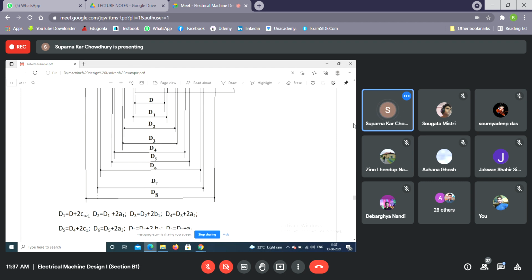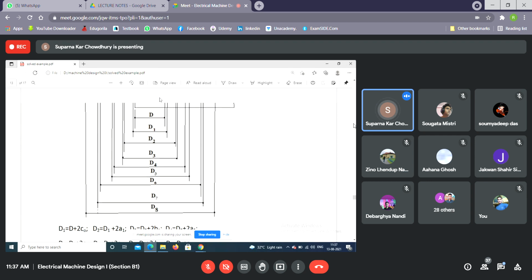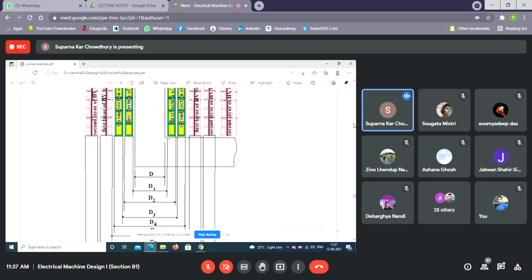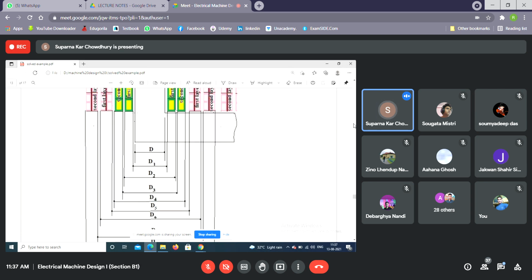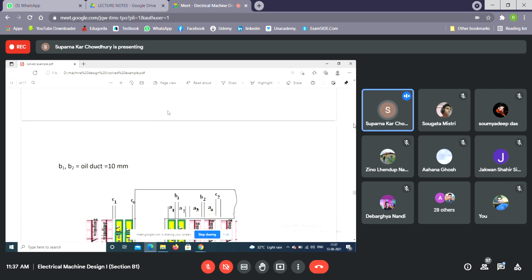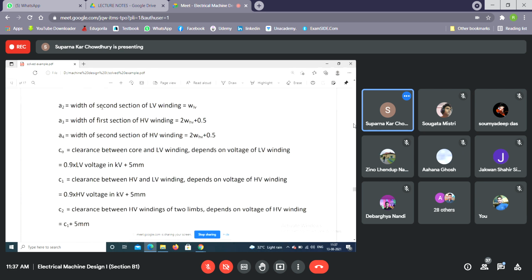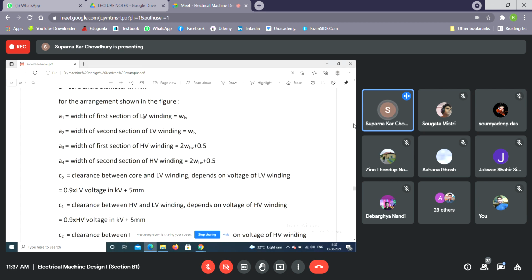Into 2C0, the clearance between the core and the LV winding, gives you D1. Then D1 plus 2 into A1, where A1 is the width of the first section of LV winding. Here I have a single layer for a section, so this is WLV.